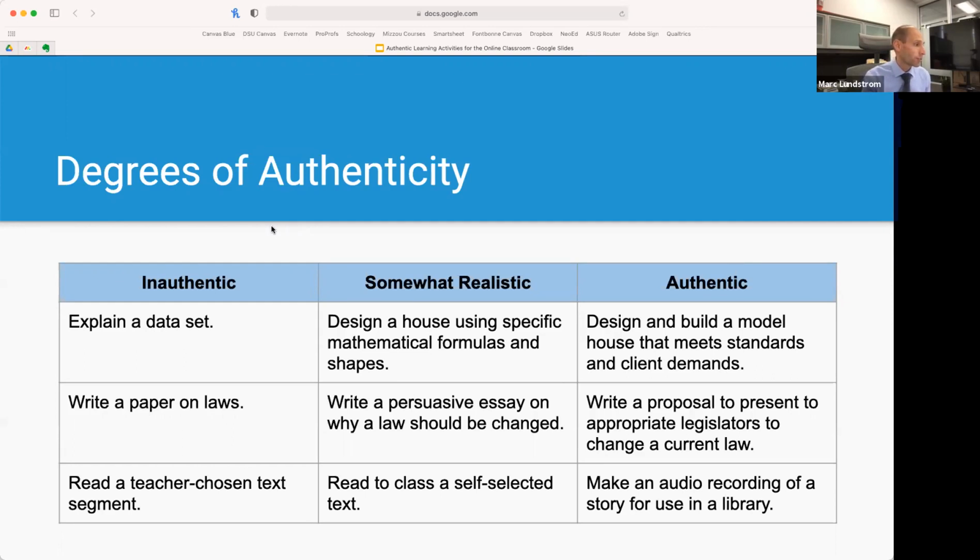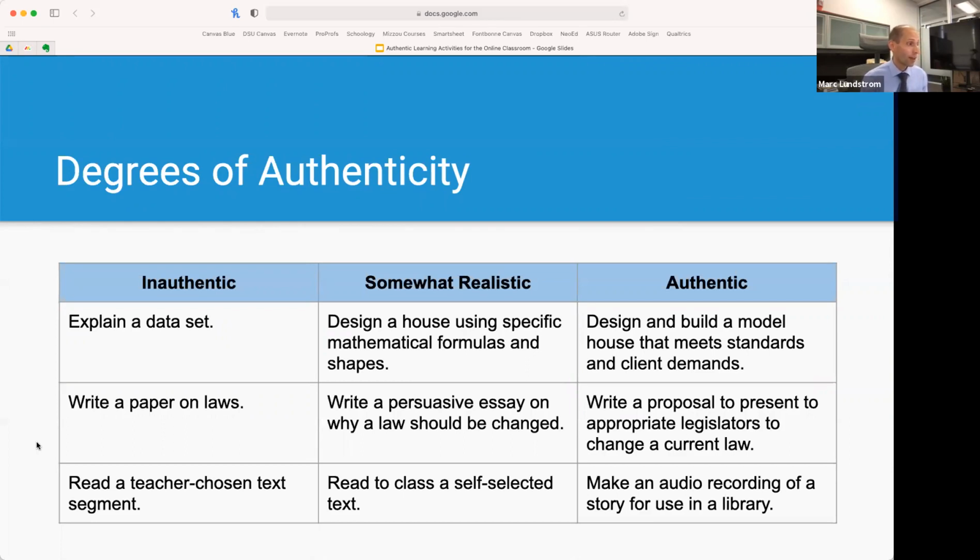But these three examples here, going down the left side, an inauthentic way to implement some sort of assessment would be just to ask a student to explain a data set. A somewhat more authentic, or in this case, realistic way would be to ask the student to design a house using specific mathematical formulas and shapes.